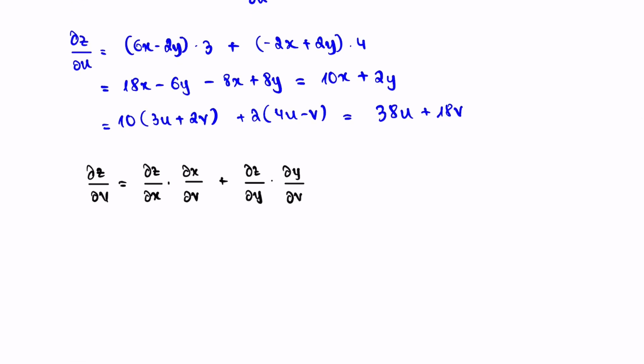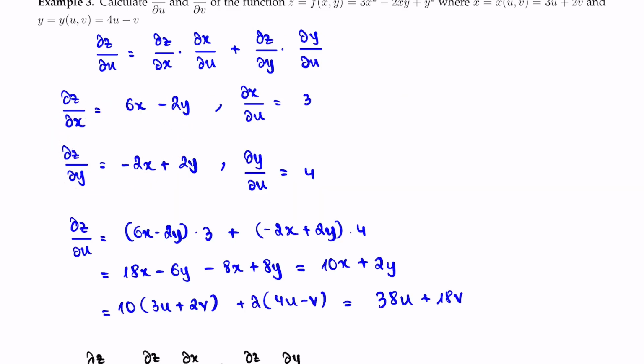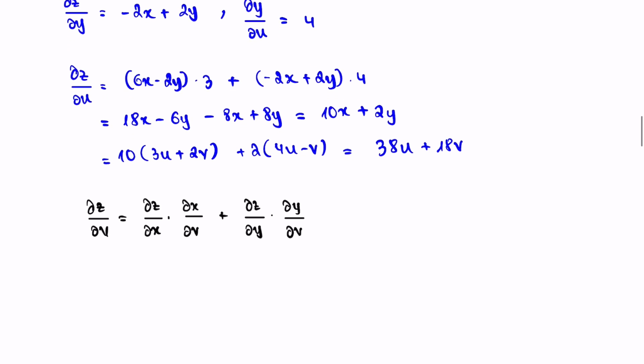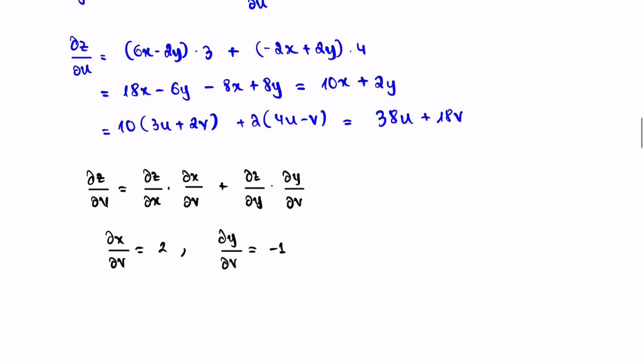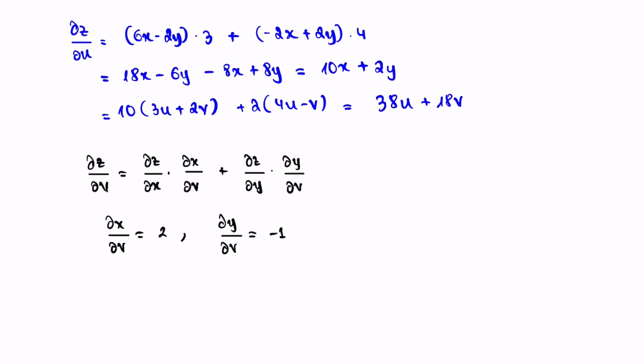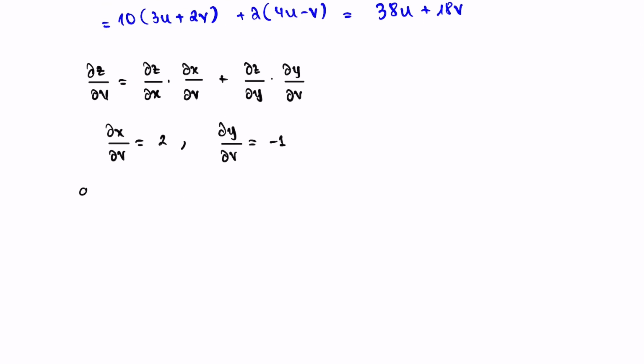For partial z, partial x and partial z, partial y, we already have them from up here. Now we just need to do partial x, partial v and partial y, partial v. So partial x, partial v is equal to 2, and partial y, partial v is equal to negative 1.